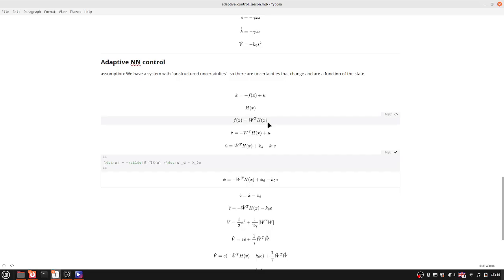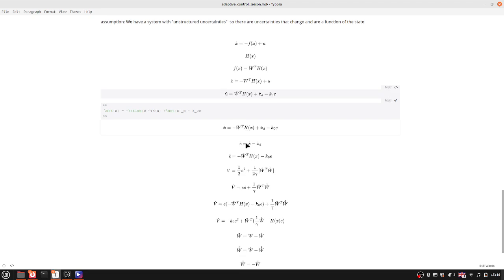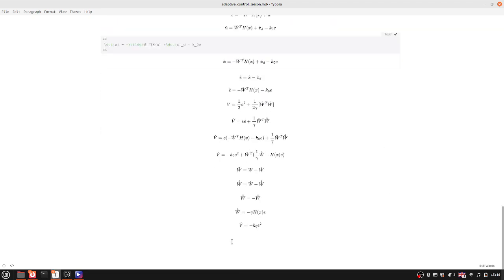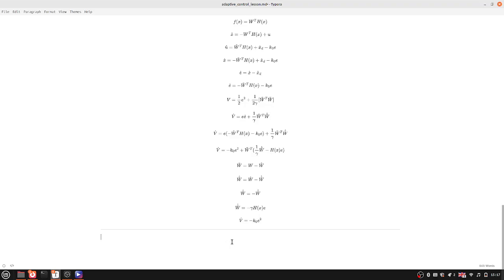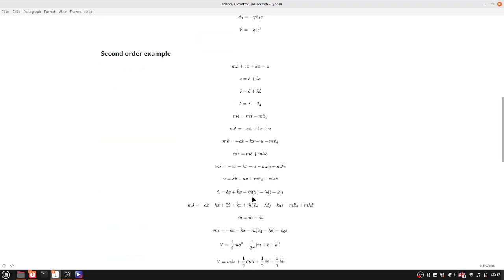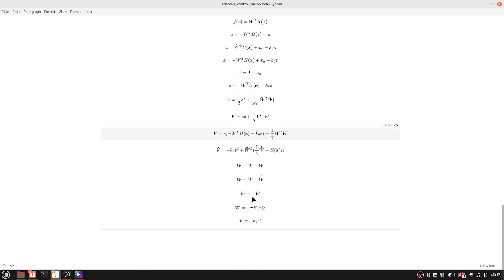This is still a function of x, but because we are only choosing W, we can cancel out those dynamics later by designing an appropriate adaptive law, and it gives us a V dot that is nice. So I believe that's everything.